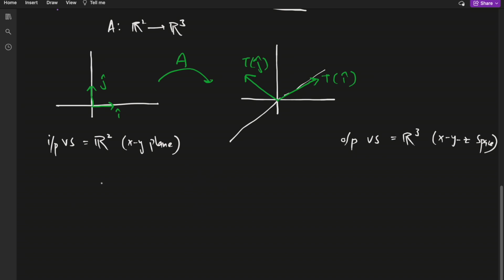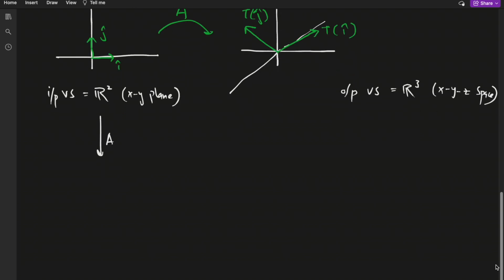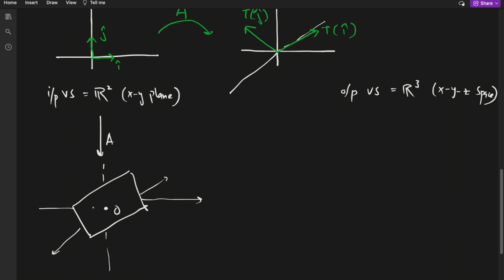So how will it look? For example, after the transformation, this is the input xy plane. After this transformation A, this space will look something like this. I mean, this is going to be a plane. So this is the origin, and this is the transformed I hat.